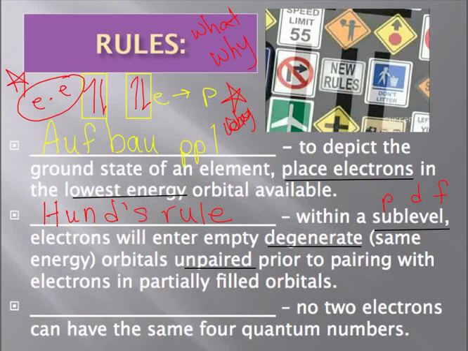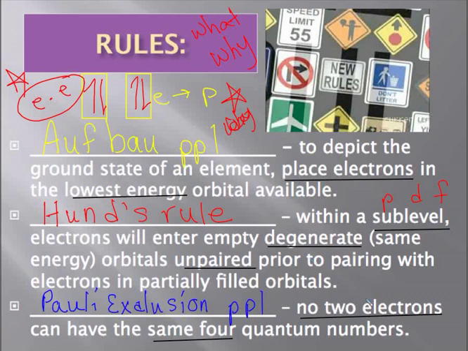And then finally, we've seen this before. You observed this in one of your examples, but it has a name. The Pauli exclusion principle. Pauli is another wonderful scientist who is now dead. The Pauli exclusion principle states that no two electrons can have the same 4 quantum numbers.